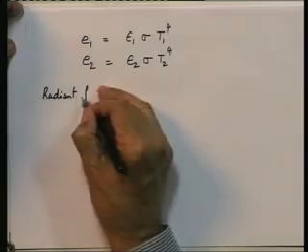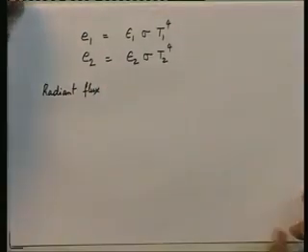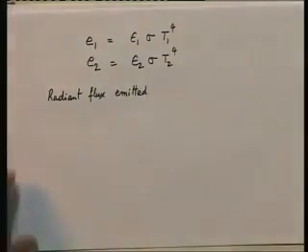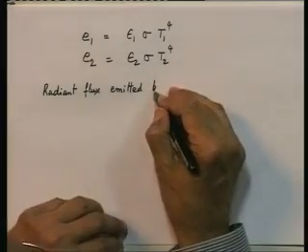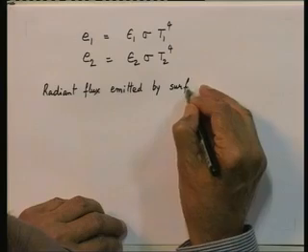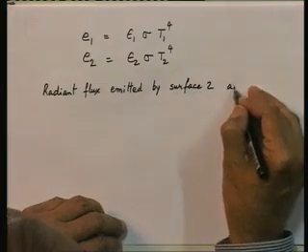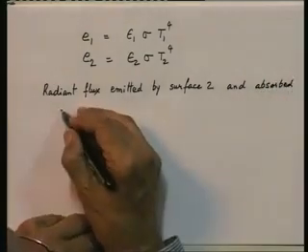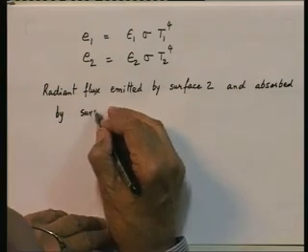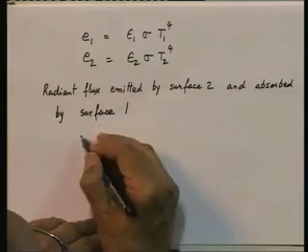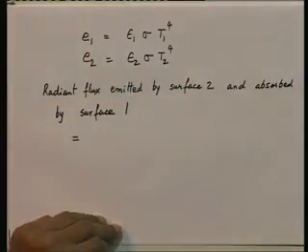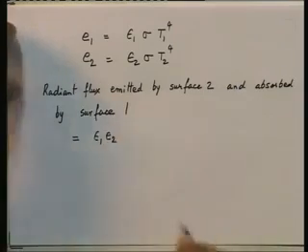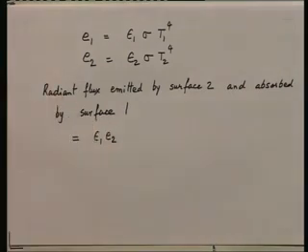Radiant flux emitted by the surface 2 and absorbed by surface 1 will be equal to, the first term will be epsilon 1 E2. This is the first quantity. E2 is emitted, epsilon 1 into E2 is absorbed by the surface 1.